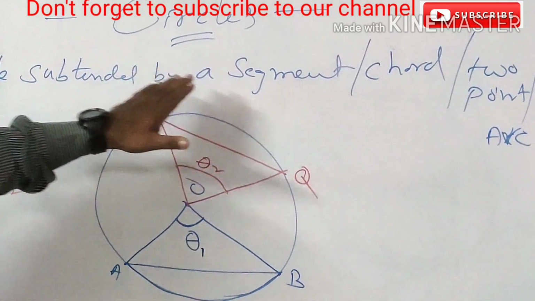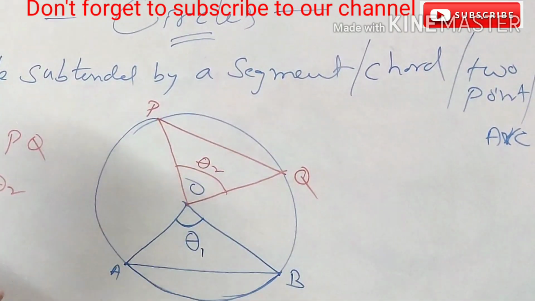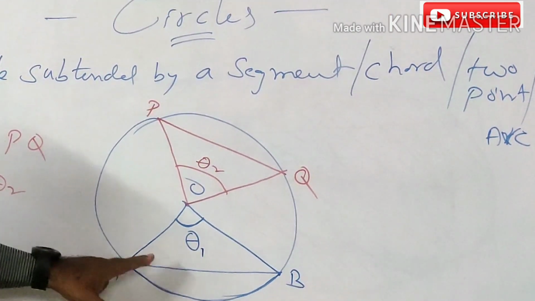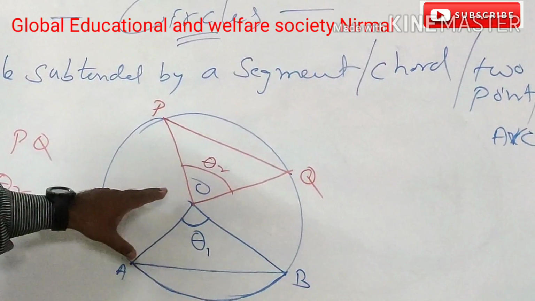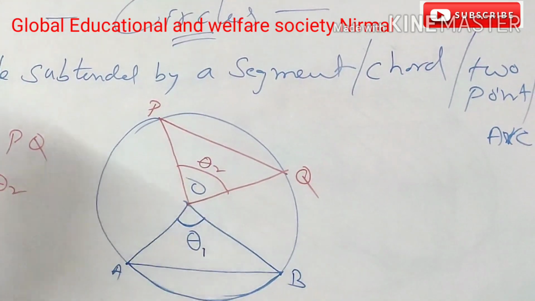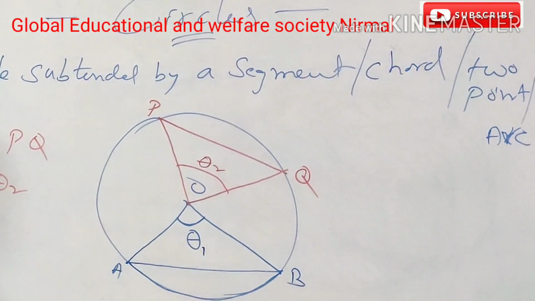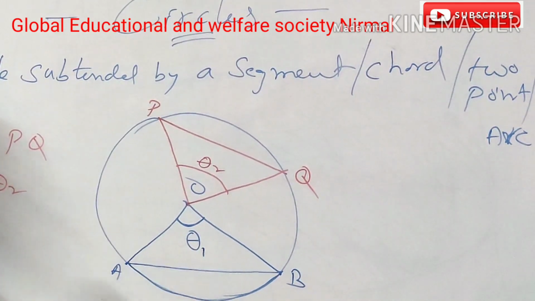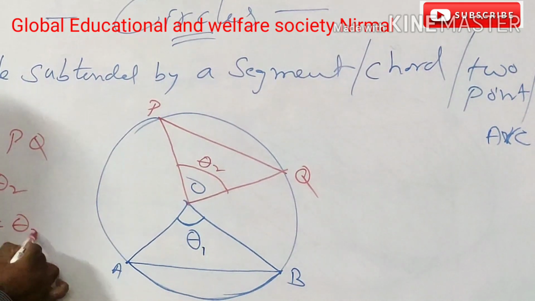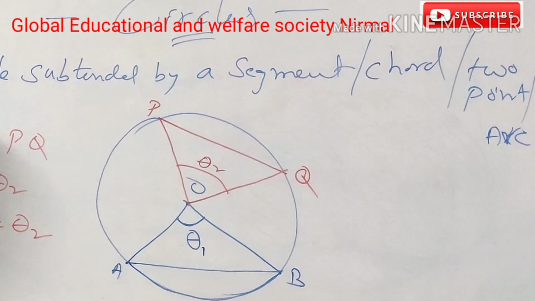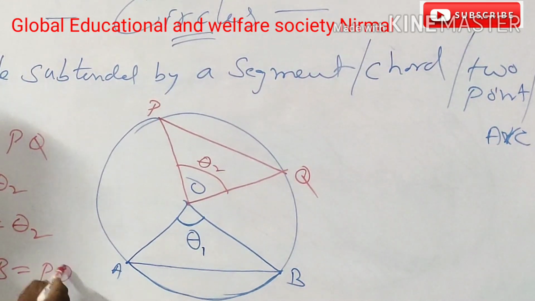The topic is angle subtended by a chord or segment, in which the first theorem is: equal chords of a circle form equal angles at the center. Second theorem, vice versa, its inverse: if theta 1 is equal to theta 2, then AB is equal to PQ.